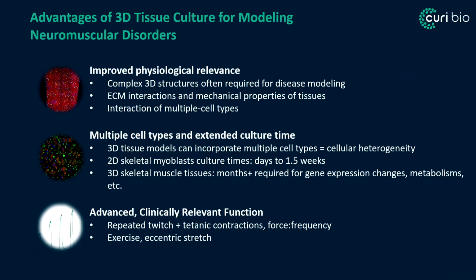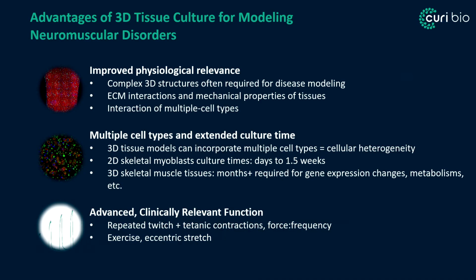From a neuromuscular disease point of view, I know there are not a lot of people here doing neuromuscular disease research. From a 3D organoid perspective, why these help us and help the drug discovery industry in this specific disease state is really for the main reason right here in the middle.